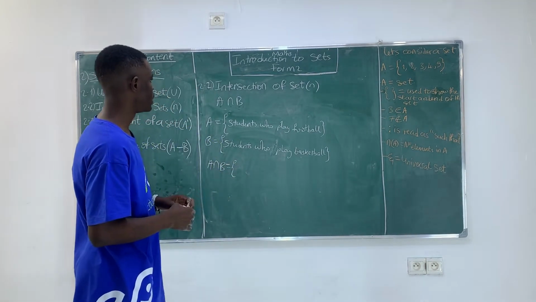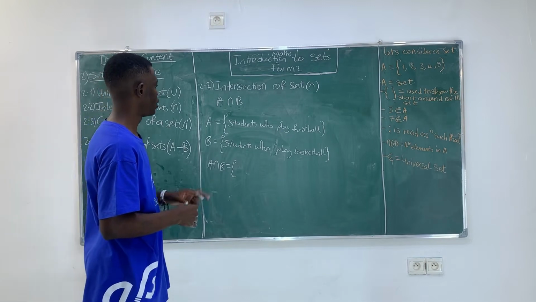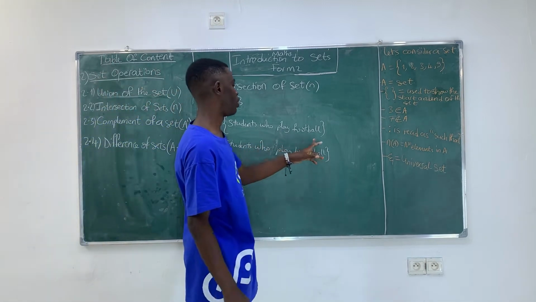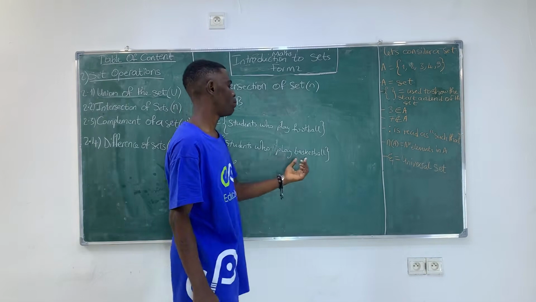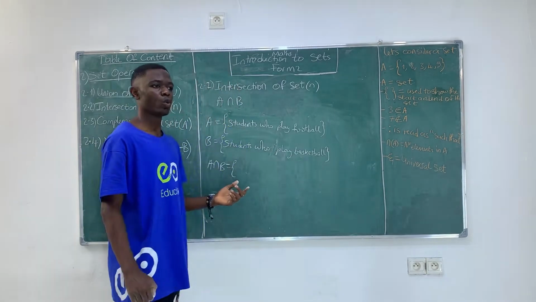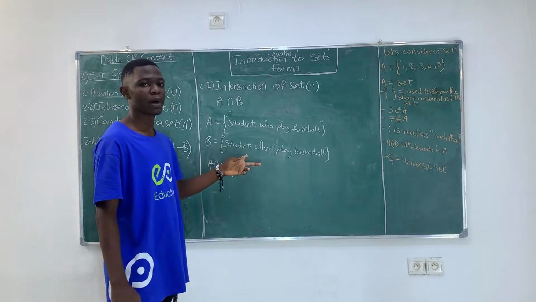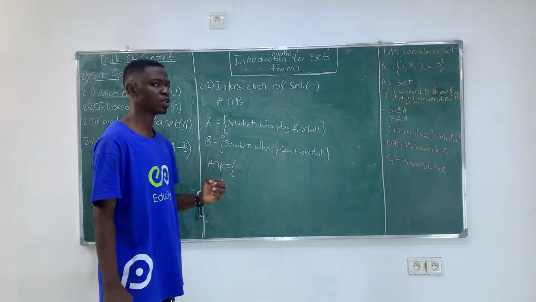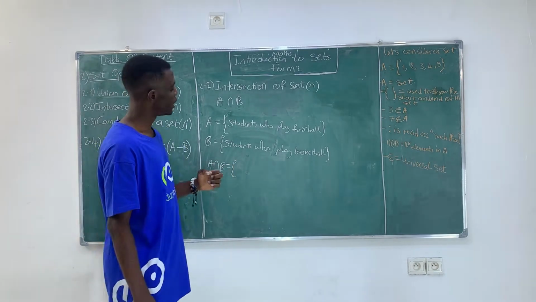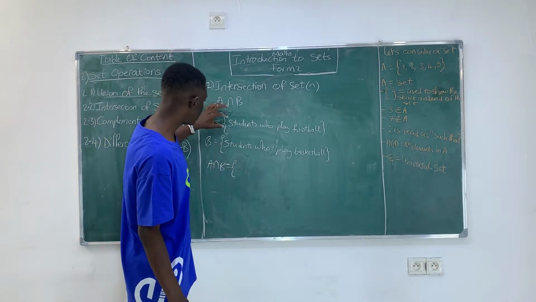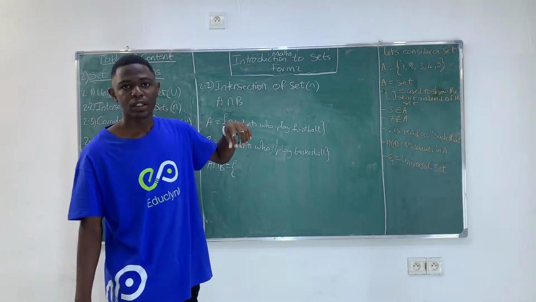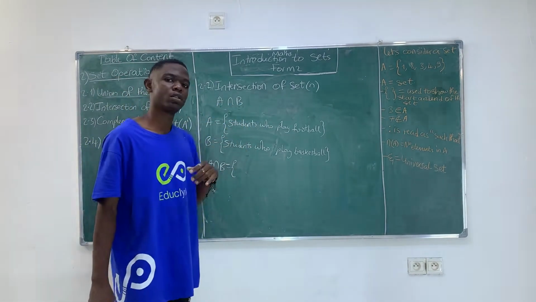A intersection B is students who play football and students who play basketball. So we need to take those who play football and also play basketball. How do we get their intersection? The intersection of these two is students who play football and also play basketball.